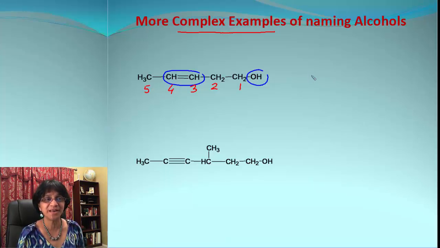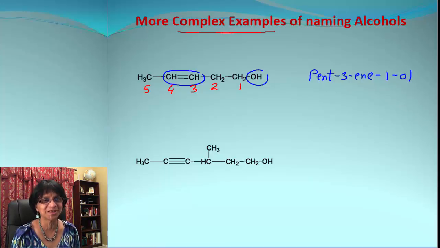And when it comes to naming, we're going to look at the parent chain, which is penta. But I'm going to stop at pent because we have an ene there. So we can write down pent-3-ene. And at position 1, we have alcohol. So we put 1-ol. So this way we are able to list both the groups.